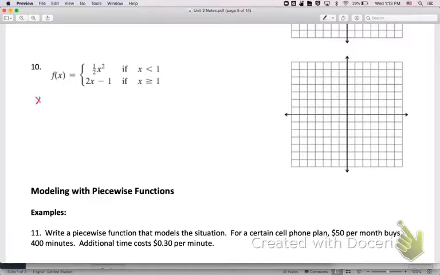I have x and I have 1/2 x squared, and I have x, and I have 2x minus 1. For the first one, it's when x is less than 1, not equal to, so this one is an open circle. Both of these are going to start at 1 because that's our boundary point.